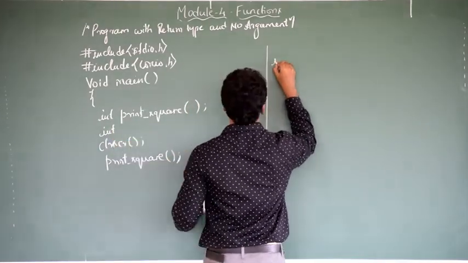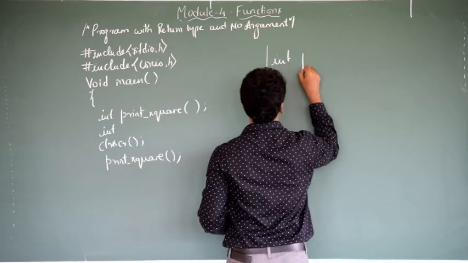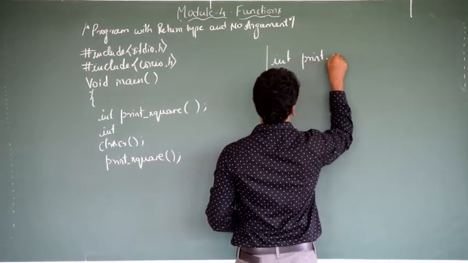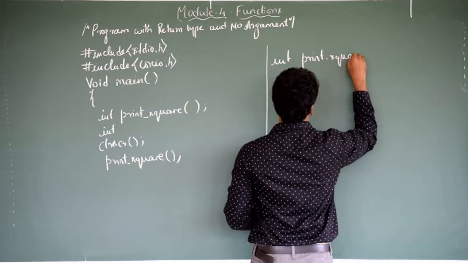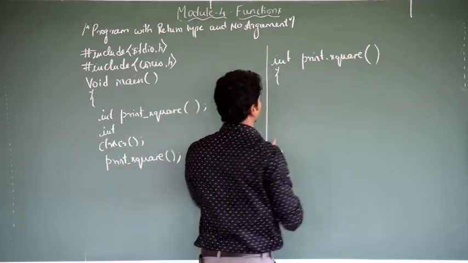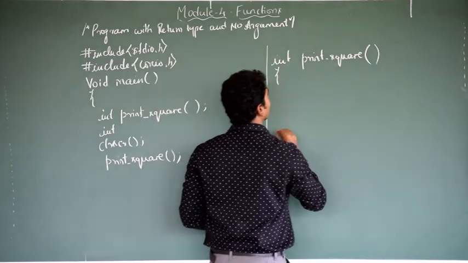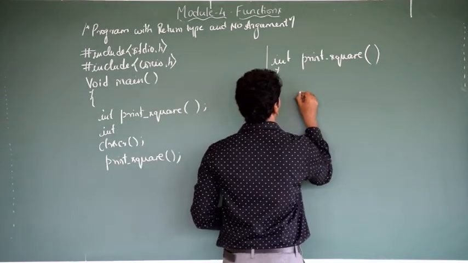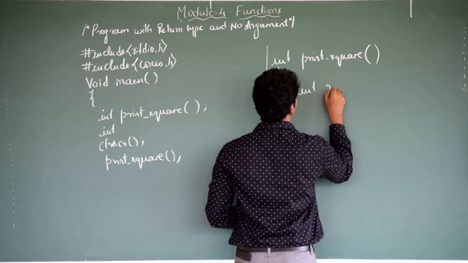It says int print square. This is the function definition. So here I need a variable that is int x.